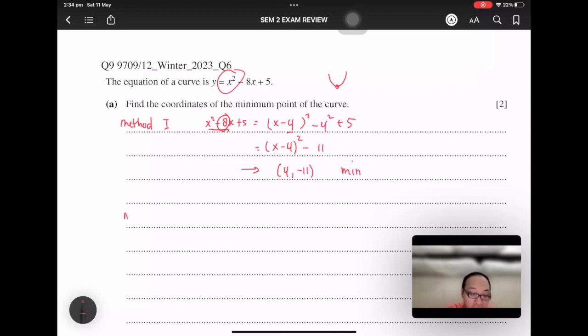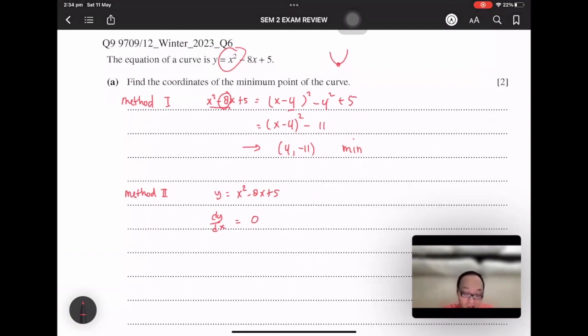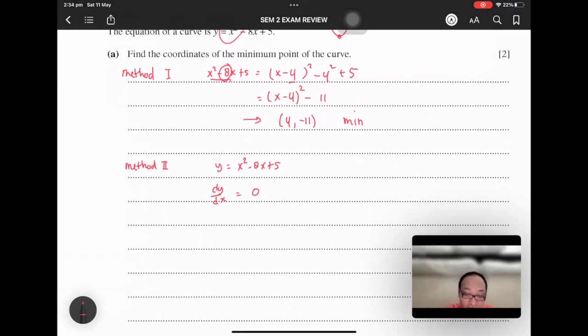If I use the second method, using differentiation, y equals x squared minus 8x plus 5. To find the minimum point, we have to find the stationary point. The stationary point happens when dy/dx equals 0. The first derivative equals 0. So we differentiate this function, x squared becomes 2x, and negative 8x becomes negative 8, and equals 0.